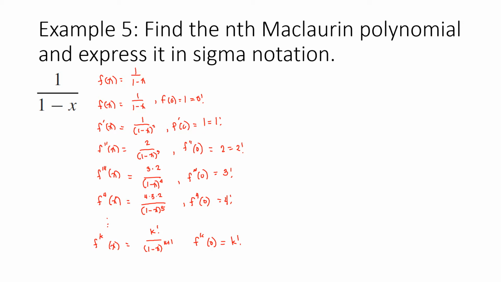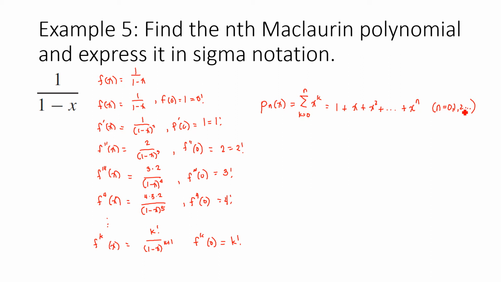So our answer: p sub n of x is equal to the summation of x raised to k from 0 to n, which is 1 plus x plus x squared plus, and so on, plus x raised to n, where n is equal to 0, 1, 2, and so on. So that is our answer.